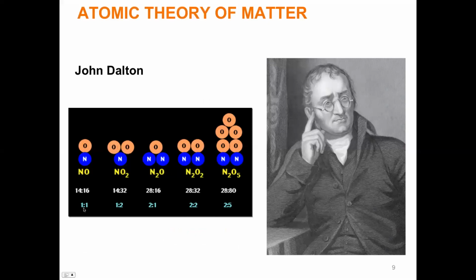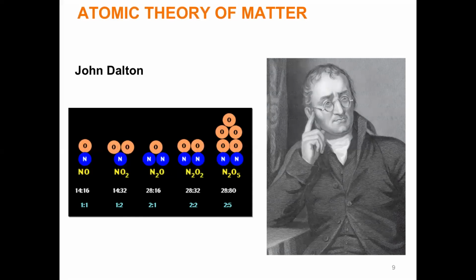You can see you have 1 to 1, 1 to 2, 2 to 1, 2 to 2, or 2 to 5, but you'd never get something like 1.75 to 1, or 1 to 2.430. It would never be that. Because of these observations, he suggested that these atoms are hard spheres, and you can't break them down, and they're always the same.